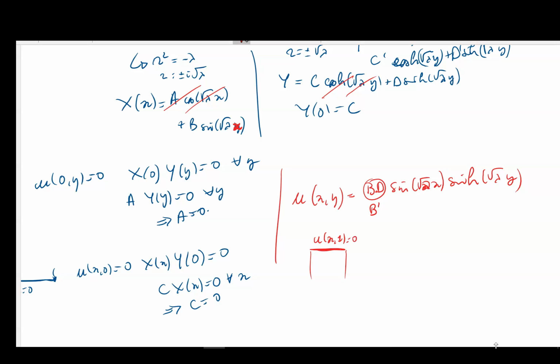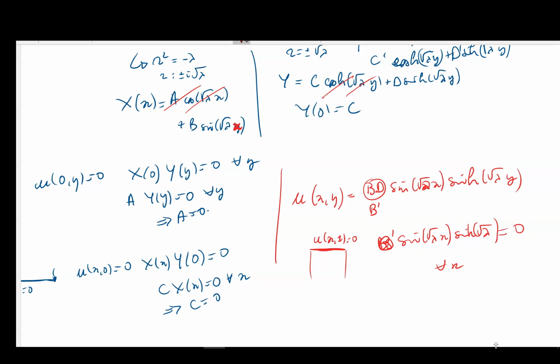It means that for y equal to 1, sin of square root of lambda x for any x times sinh of square root of lambda, times b', is equal to 0 for every x.